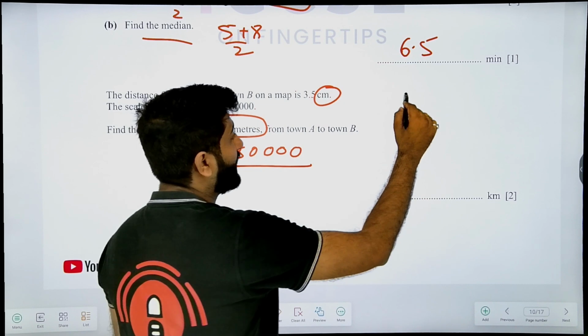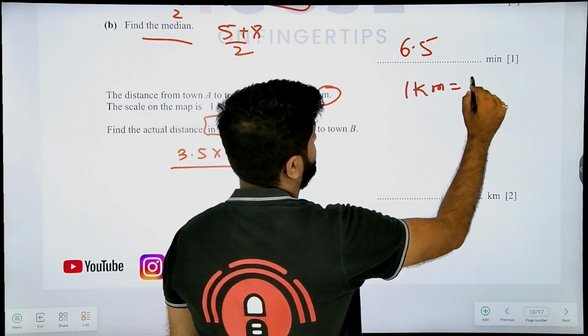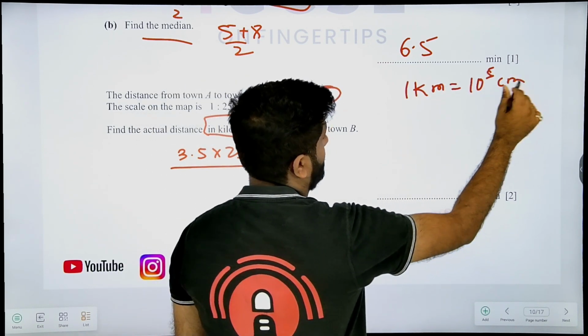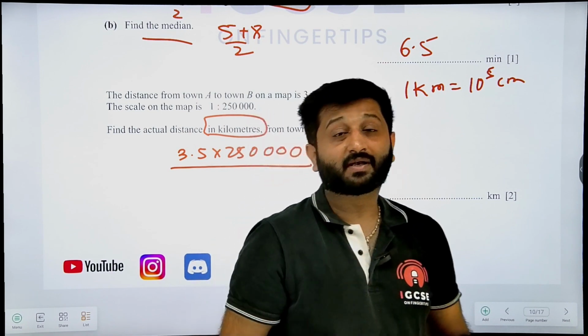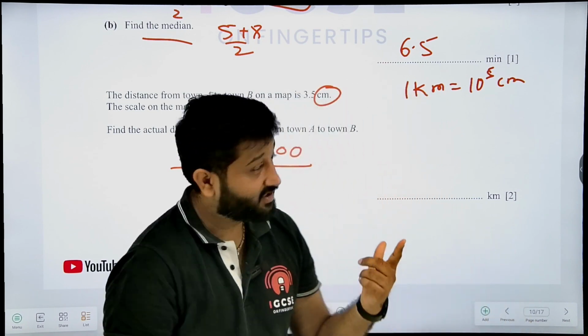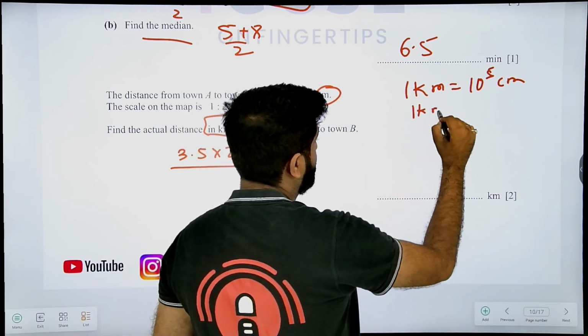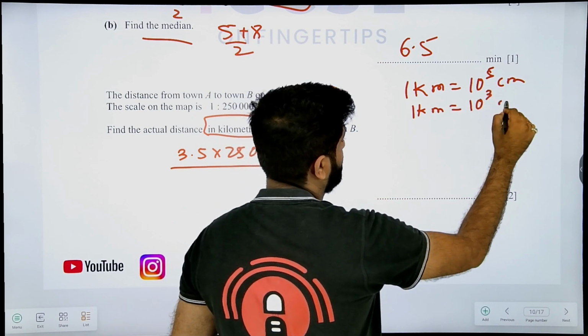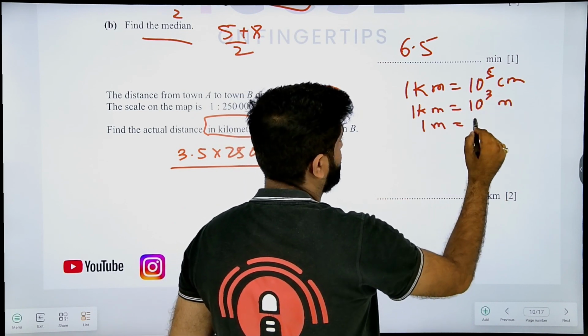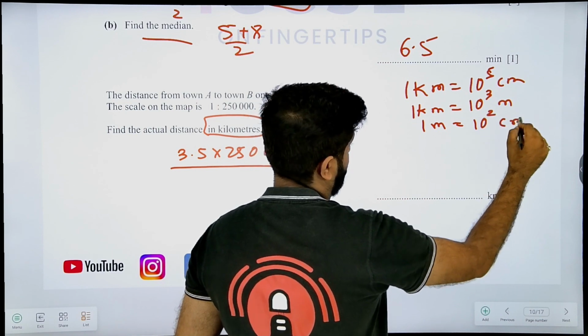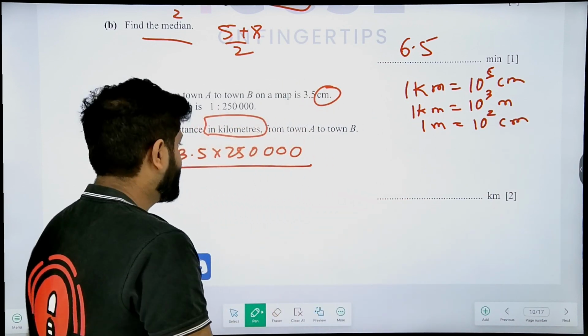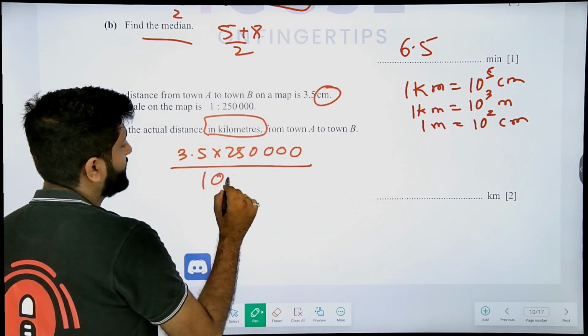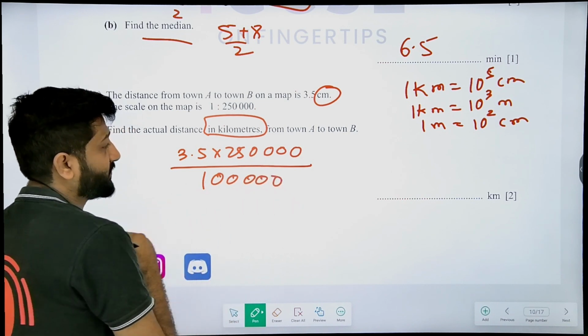Now I should know that 1 kilometer is 10 raised to 5 centimeters. How? I know that 1 kilometer is 1000 meters, and 1 meter is 100 centimeters. Right, so 1 kilometer is nothing but 1, 2, 3, 4, 5 zeros.